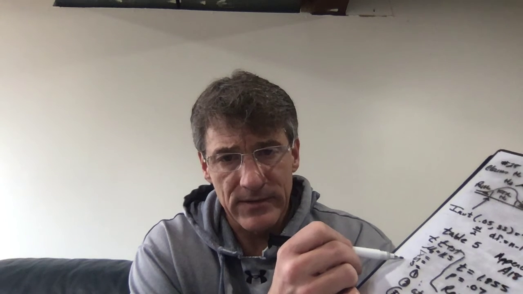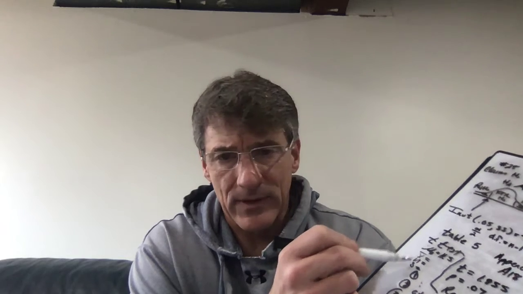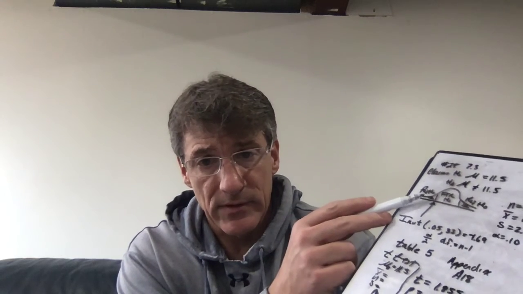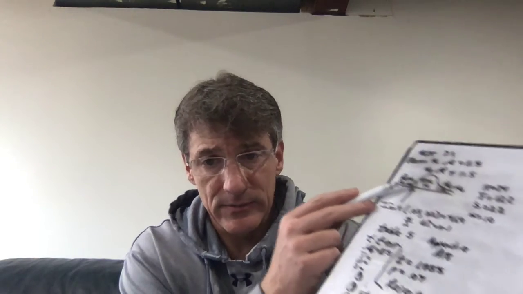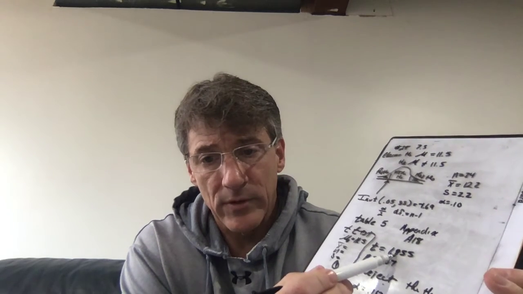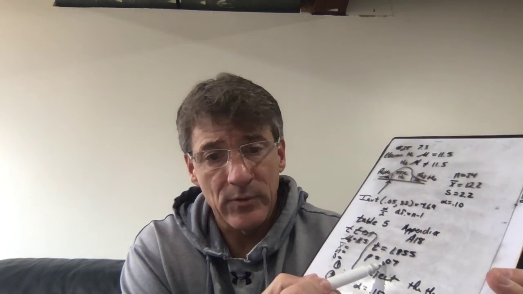That's how mine lists it, but it might be flip-flopped, so just make sure you put the right stuff in the right spot. And then this is the not equals, so you're going to highlight the not equals. You should get a t-score of 1.855 and a p-value of 0.07.